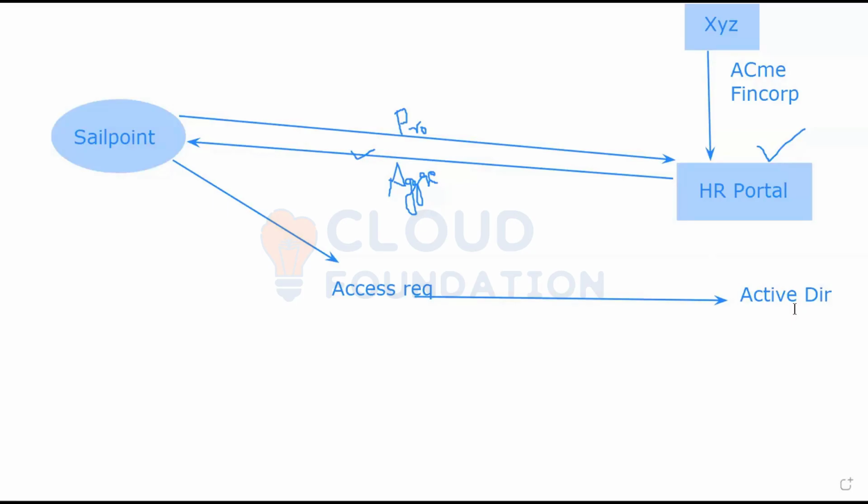I'll demonstrate the entire process, but today we will onboard a couple of applications, at least 2 applications. So the employee will join the company. Once the employee has joined, HR people, human resource people, will gather all the information, including personal details, correct? First name, last name, email ID, whatever it may be. This information will get stored in the HR portal, which is an application.